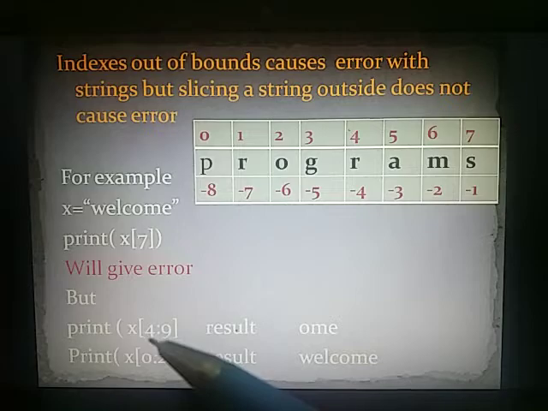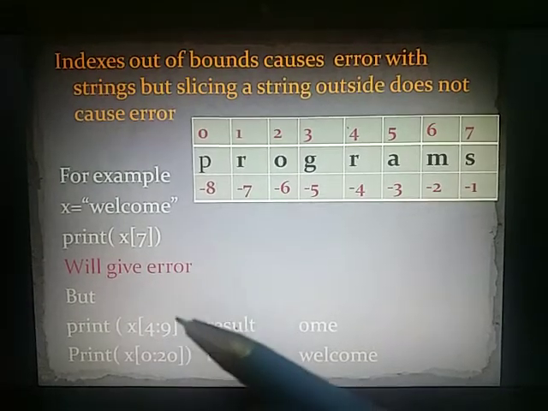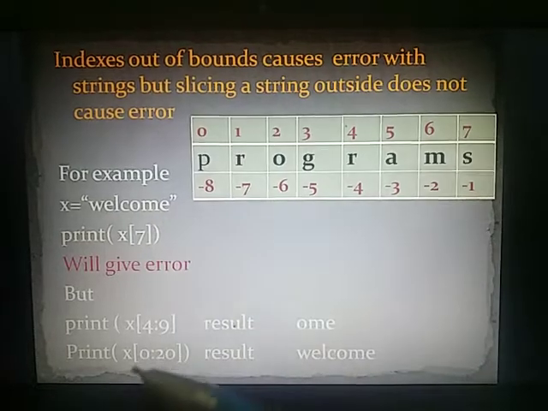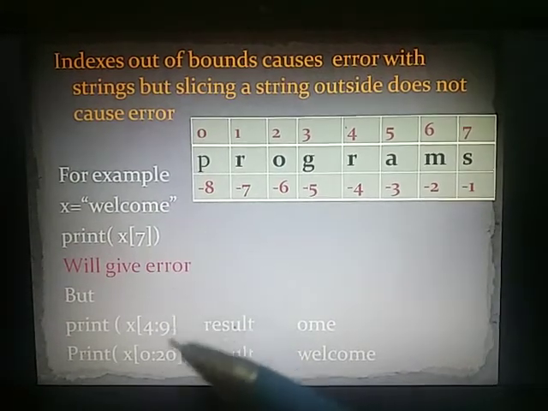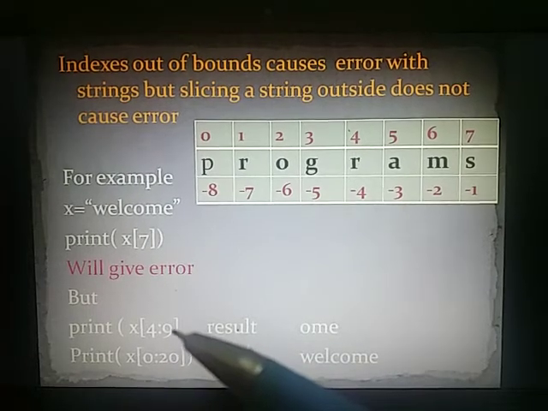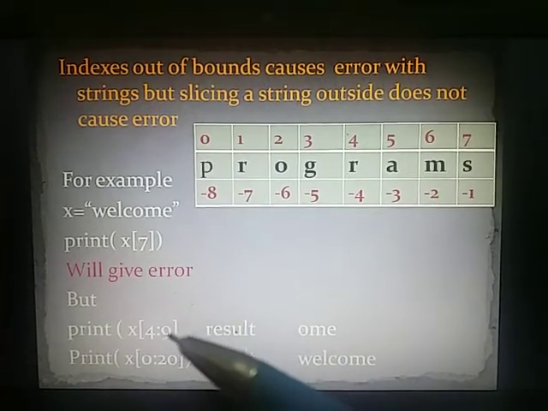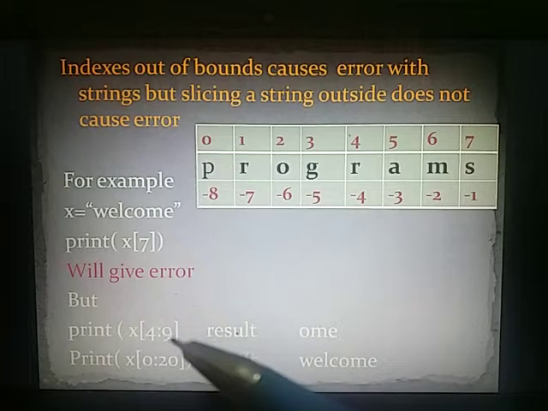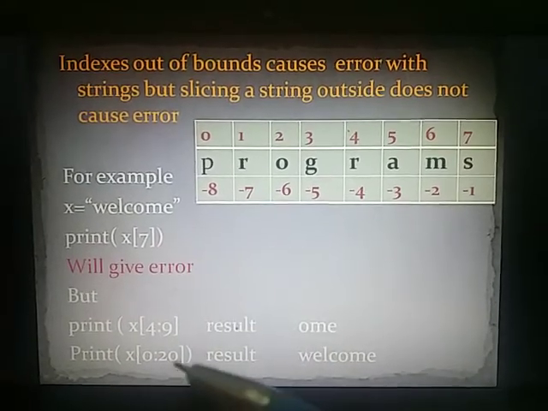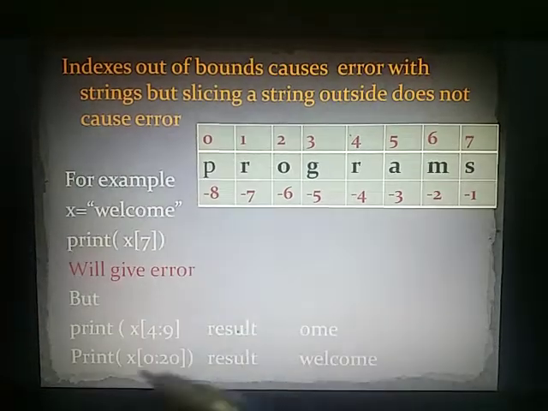When the ending index number is not present in the index numbers of the string, it will move till the last one by default. That means it will take the value of the last index number as length -1 by default. Similarly, here I am giving 0 to 20. 20 is easier to understand.